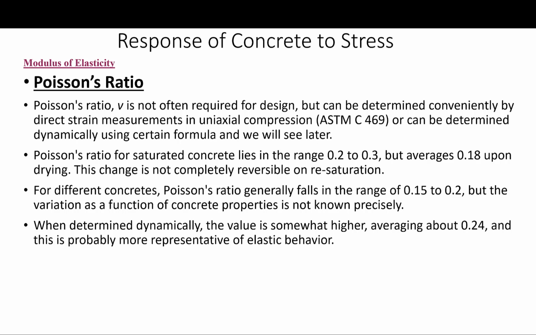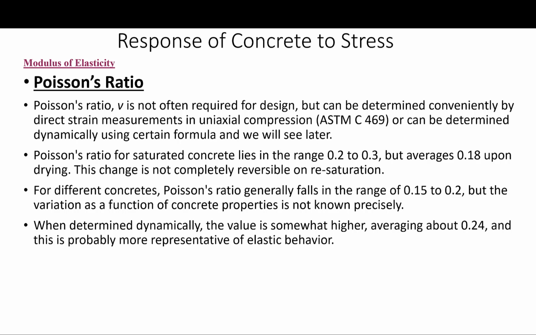Keep that in mind. For different concretes, Poisson's ratio generally falls in the range of 0.15 to 0.2, but the variation as a function of concrete properties is not known precisely.